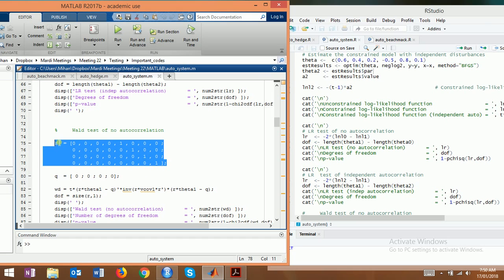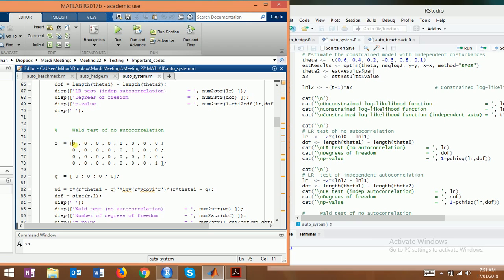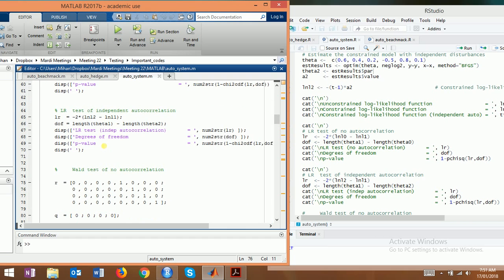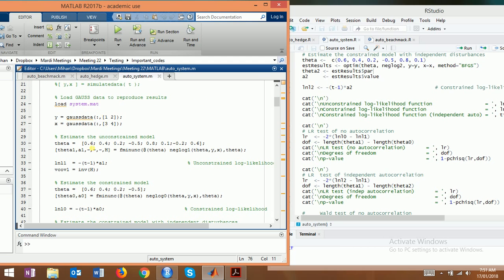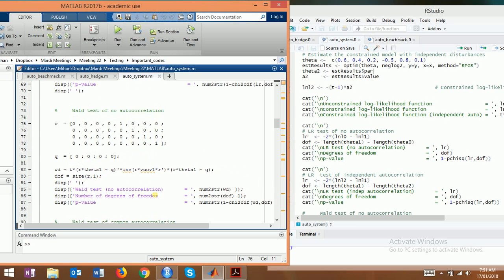We'll talk in detail about this kind of Wald test in chapter 13. Right now, generally when we do it, we have to create an index, and from the index we need to know where the rows are located, and we put 1 against them. So you have 4 parameters that you are estimating. No, 1 2 3 4 5 6 7 8. You have 8 parameters that you are estimating, right?